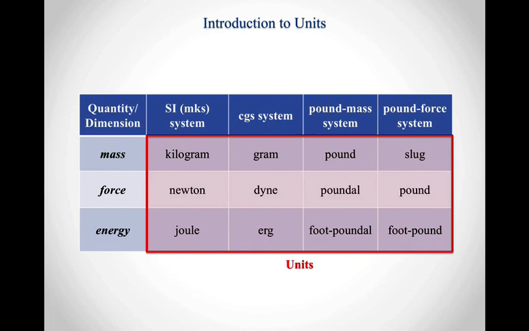In the pound force system, I'm going to use pound for force, which means I need a different unit for mass. In that case, we use the unit of slugs. So mass is given in slugs, force is given in pounds, and energy is given in foot-pounds.